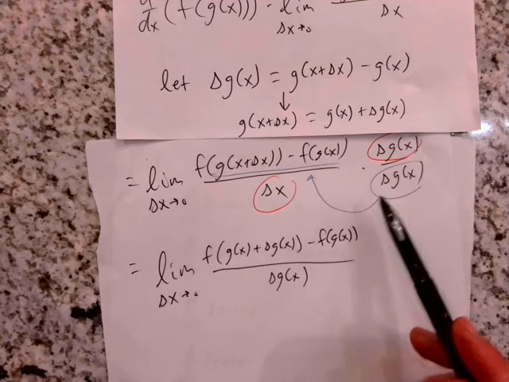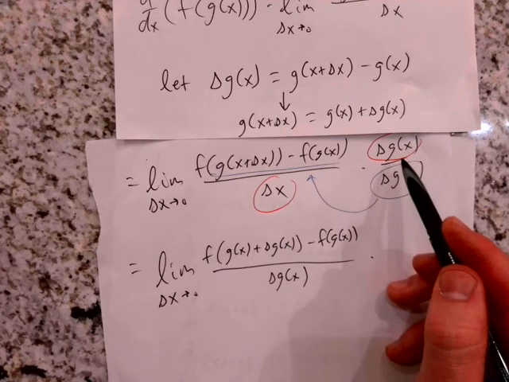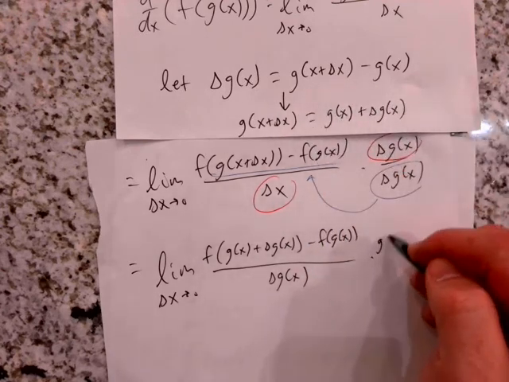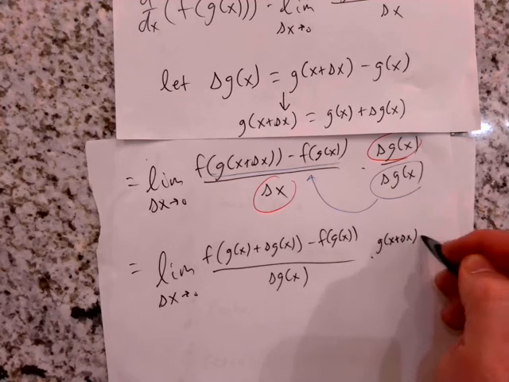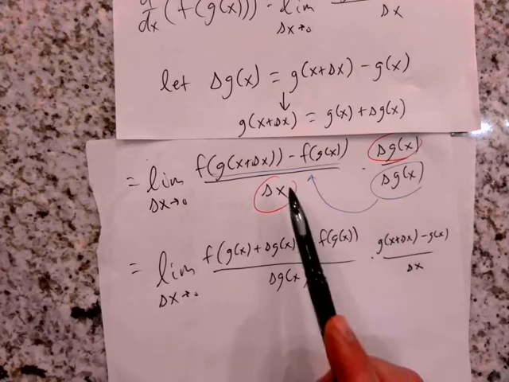This delta g of x is that one in the previous statement, and then times delta g of x, which I'll write in its expanded form, over delta x, which came from that one.